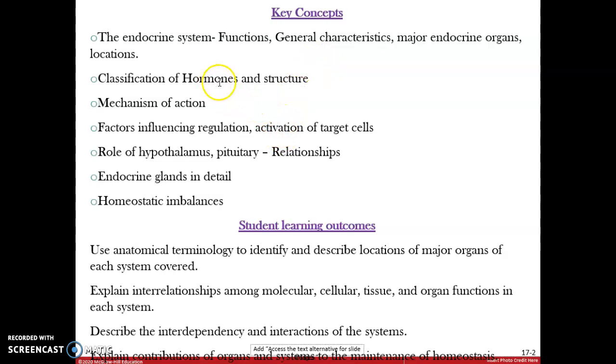We're going to be talking about hormones and structure, and this time we're going to be talking about mechanism of actions and factors influencing the regulation, and maybe we're going to be talking as well about the role of the hypothalamus, the pituitary gland, hypophysis, and their relationships, and we're going to be talking about endocrine glands in details.